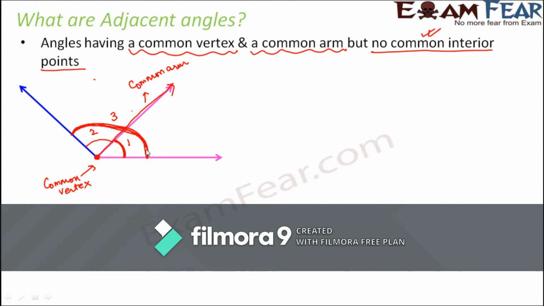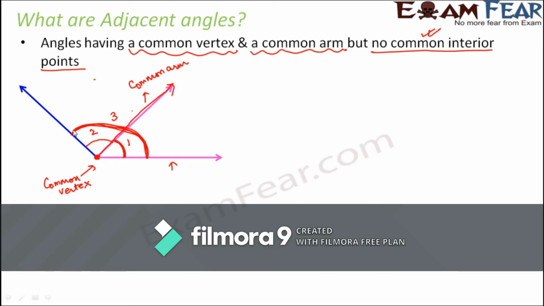Here also, if you look point by point, this angle formed by these two arms has the same common vertex. For this angle and this angle, you have a common arm, that is this arm is common, right? So the first two criteria are getting satisfied.